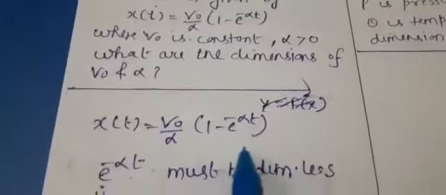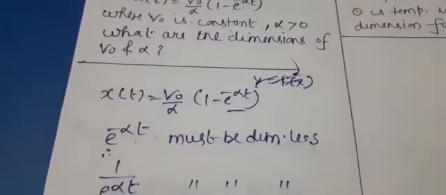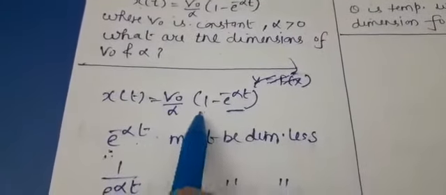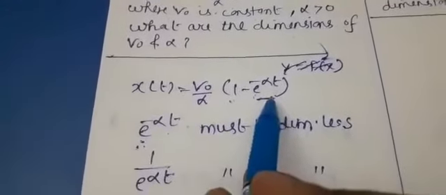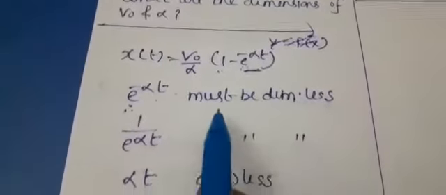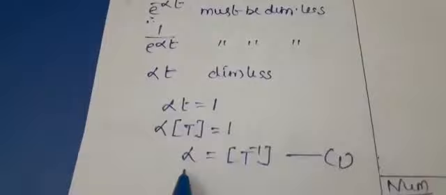One another point you can understand why this is dimensionless in a simple way. This is a difference of two like terms. One is a constant, so this term must also be a constant. This should also be dimensionless. So that's why we have taken this to be dimensionless and hence calculated the dimension of alpha.